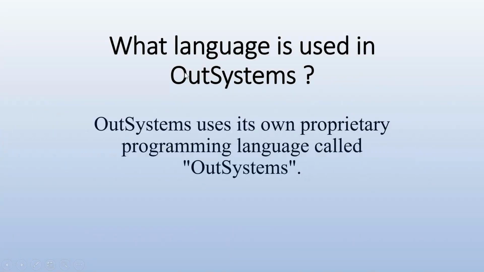Next is what language is used in OutSystems. Now, OutSystems is a low-code development platform. You might be wondering, what is a low-code development platform? A low-code development platform is a platform where you have to do minimal coding. Like, if you want to develop a web application in .NET or Java, you have to write multiple lines of code.